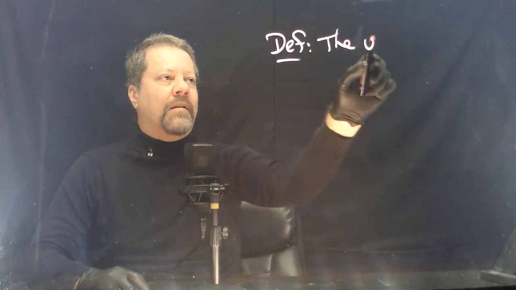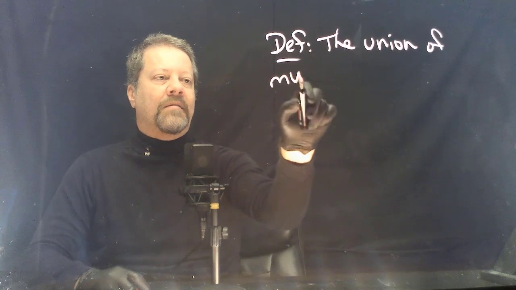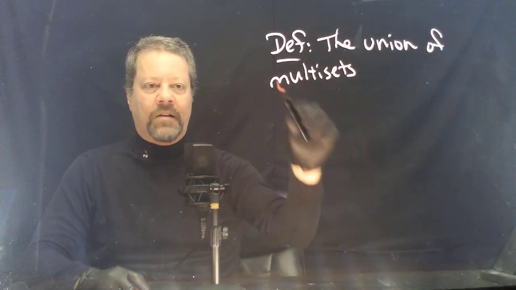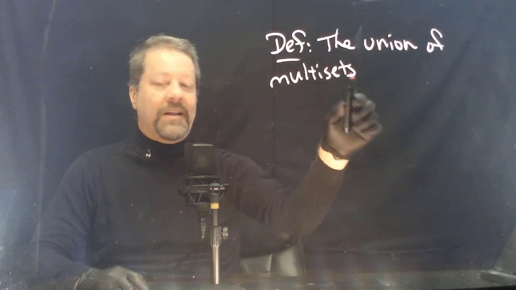Unions and intersections work a little bit differently compared to sets for these multisets. The union of multisets includes the maximum multiplicity from either of the two sets.